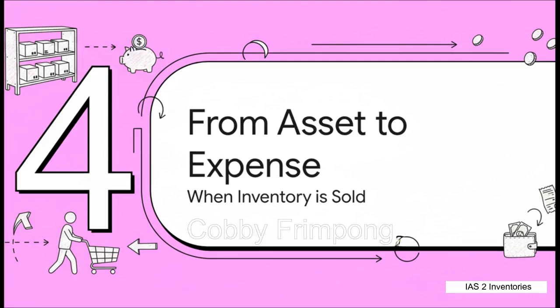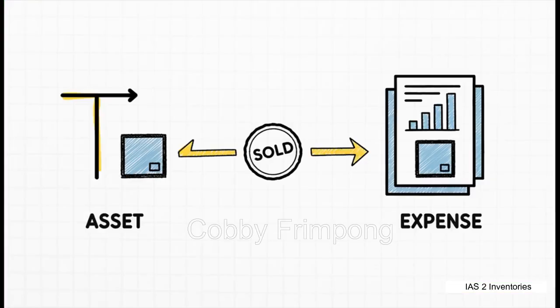Up to this point, we know how to value the inventory while it is sitting on the balance sheet as an asset. But what happens at the moment it is actually sold? Where does it go then? Well, that's the last step in its accounting journey. The moment that item is sold and you book the revenue, something really important happens.